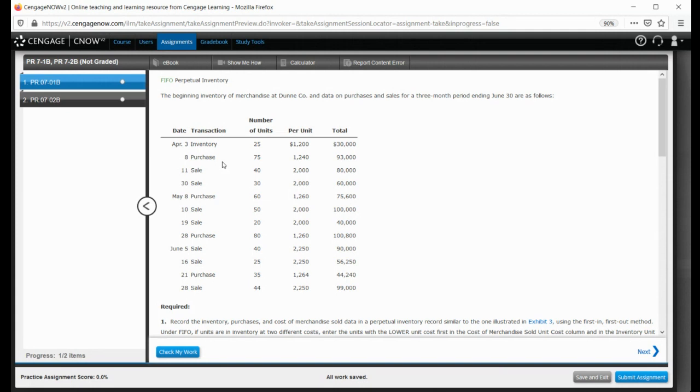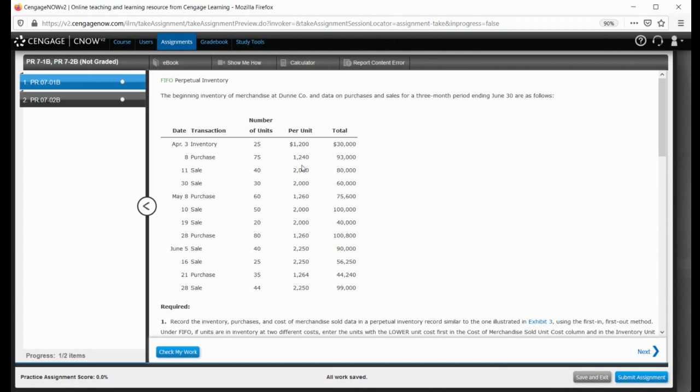In the journal, you learned from last chapter that when we buy merchandise inventory, we would debit the merchandise inventory account, and we will credit accounts payable, because in this chapter they're assuming all the purchases that you make are going to be on account.